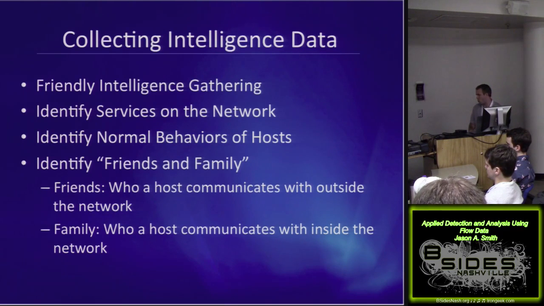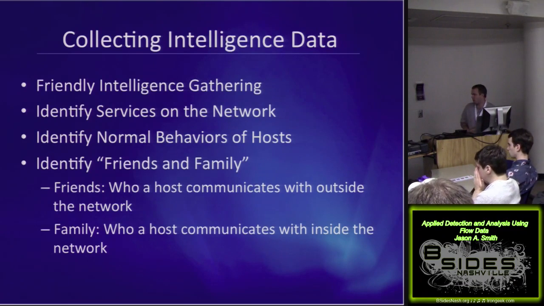You can identify normal behaviors. You can say, oh, this trends over time to look like this. A certain host may show up at 8 o'clock in the morning and leave at 4 p.m. or 5 p.m. That might actually be a user. Things like that. When I refer to friends and family, friends are things that are maybe outside the network that we're communicating with. Family is internal stuff.